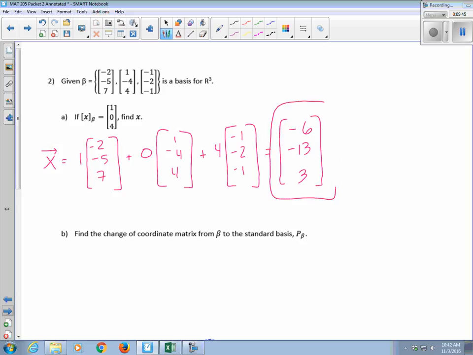So these are like standard coordinates. If I was going to plot it in R3, that would be -6 in the x direction, -13 in the y direction, 3 in the z direction. (1, 0, 4) would be how I would plot it if I was using these 3 vectors from beta as my directions.